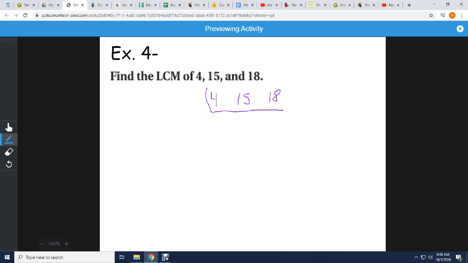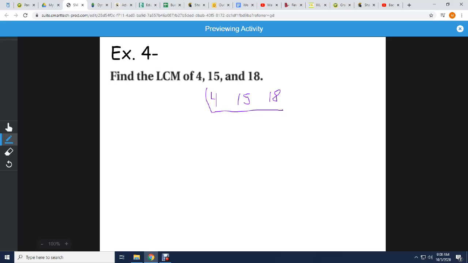So if I look at all 3 of these, I see nothing in common for all 3, but 4 and 18 have something in common, and 15 and 18 have something in common. So you can take it out. And when you just take it out of the 2 that are in play here, that's just a matter of the difference between multiples and factors.